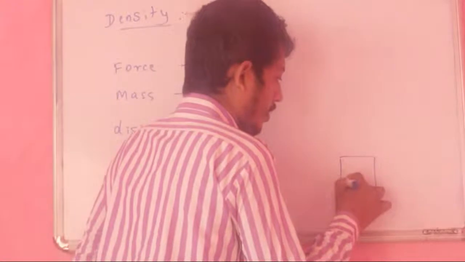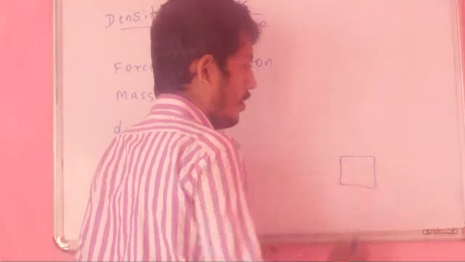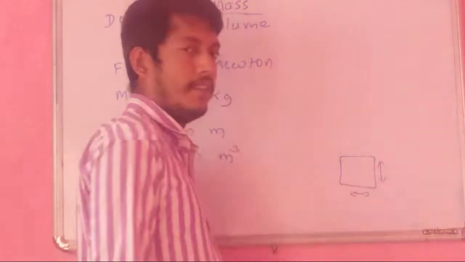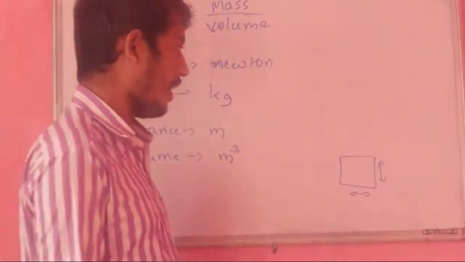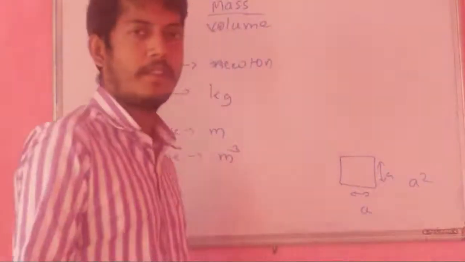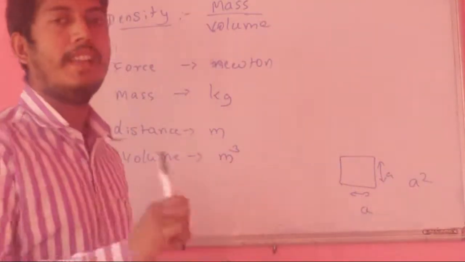if you consider a square, it has length and breadth. So its area becomes a squared if you consider the length as a, because it has only length and breadth.